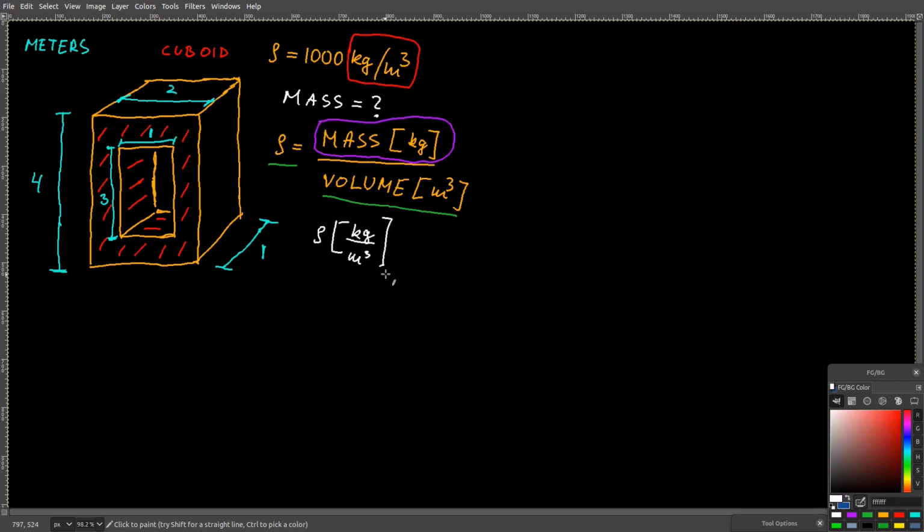So the density in kilograms per cubic meter times volume in cubic meters equals mass in kilograms. As you can see, the units can give you a very good hint for what needs to be done. You can see that the cubic meters cancel out, and you are only left with kilograms, which is a unit of mass.